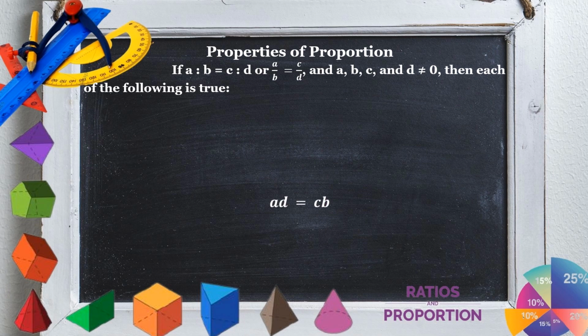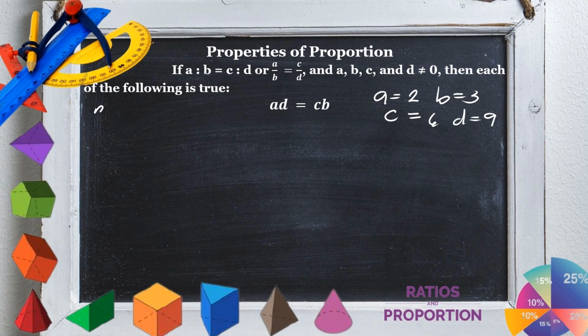Let's start. We have A times D is equal to C times B. What does this mean? This is what we call the cross multiplication property. For example, we have A equal to 2, B equal to 3, C equal to 6, and D equal to 9.